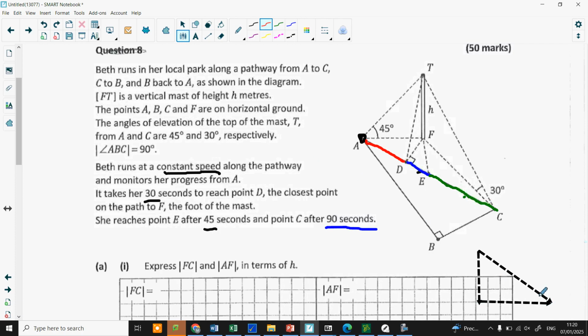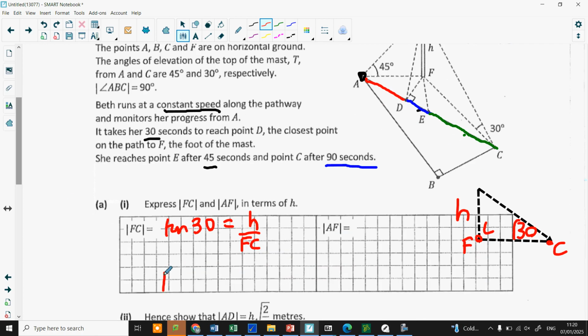I think 3D triangles confuse me, so I like to draw it out. 30 degrees, that's H, that's 30, and it's looking for F to C, which is the bottom one here. Okay, so what I can say is tan 30 equals H over FC. And then what I can say then is that FC equals H over tan 30.